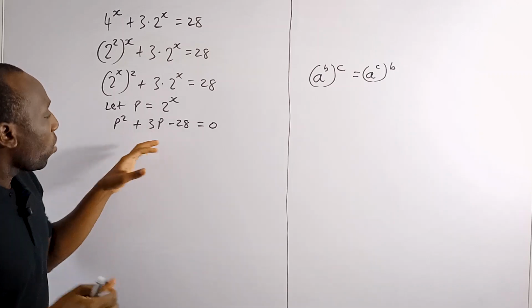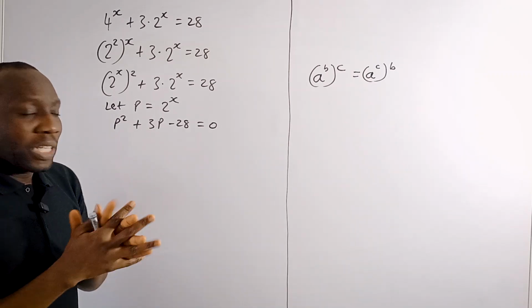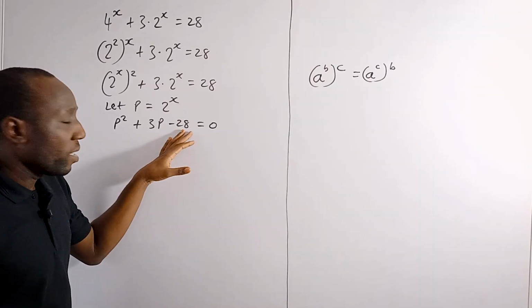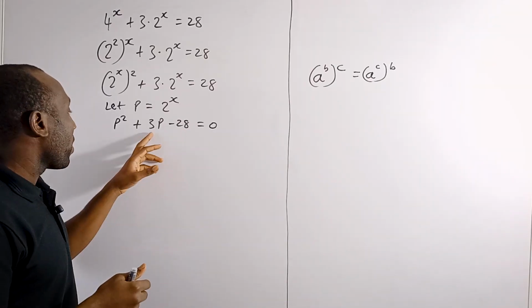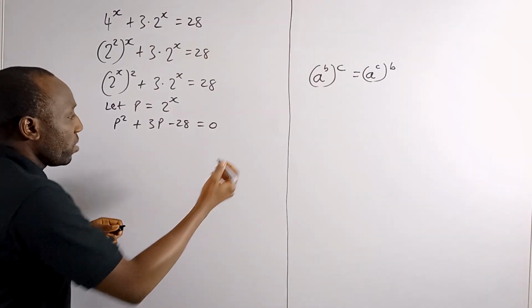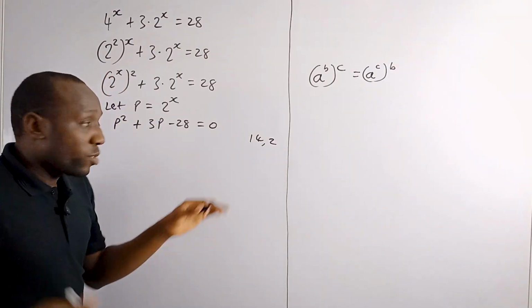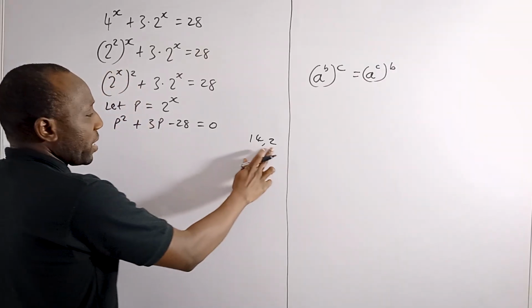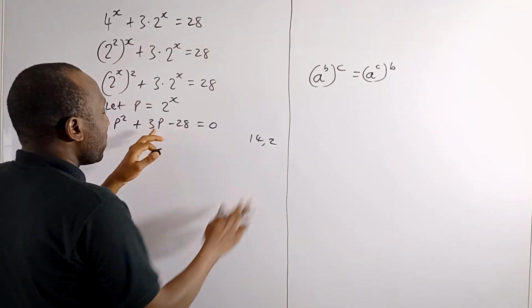So the question is, what is going to multiply? Give me two factors such that when I multiply them, I'll get 28 or negative 28. When I add those two factors, I'll get 3. We can just start by writing 14, 2. Let's just not bother ourselves with the signs yet. 14 times 2 is 28, but 14 minus 2 or plus 2, will it give me 3?